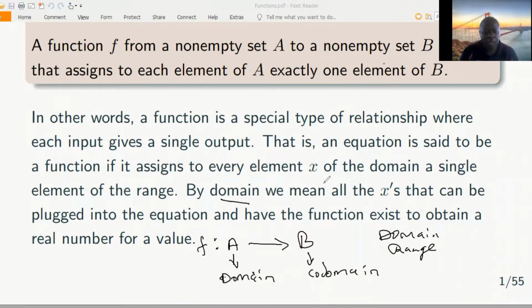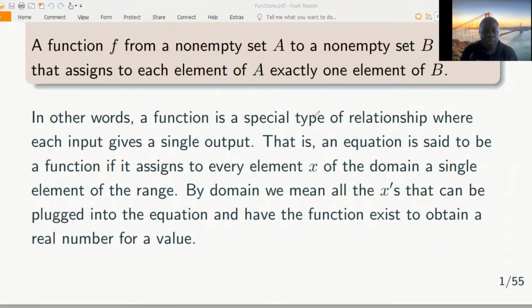But what is important here is you have to know what a function is by definition. A function is just a rule that assigns to each element a single element.